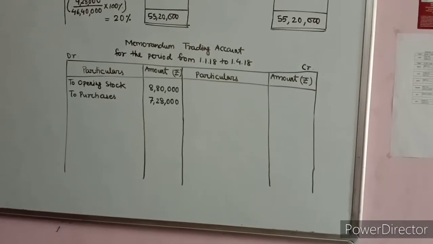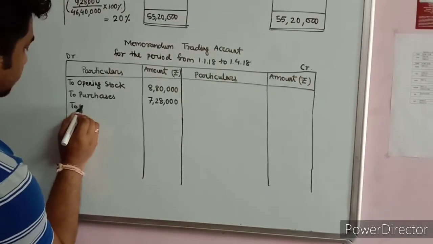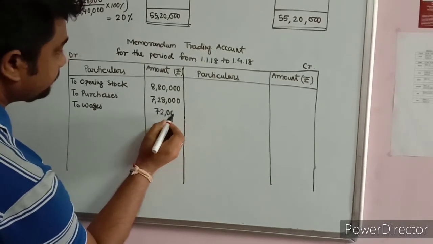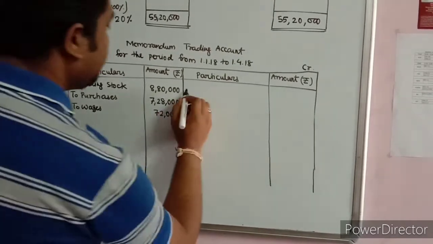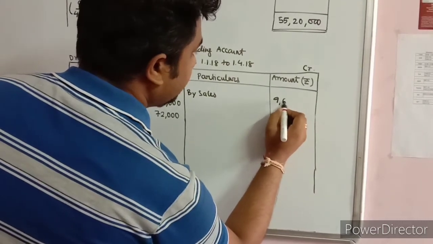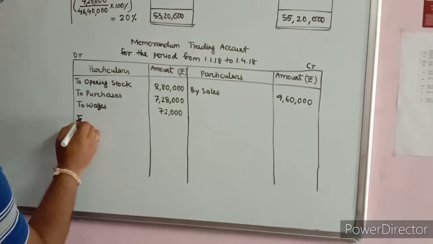Next you have the amount of wages, 72,000. Next you have the amount of sales, 9,60,000.